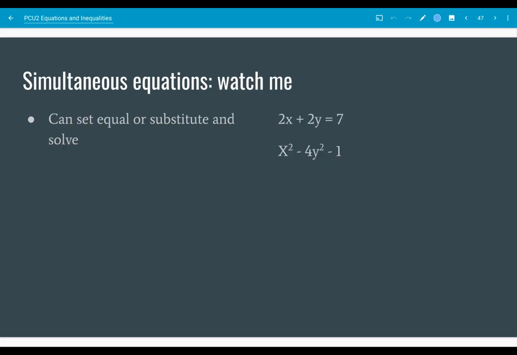So let's see what this looks like. We have 2x plus 2y equals 7. So we have this linear equation. And then we have x squared minus 4y squared equals 1. Sorry, that's a typo. And we want to figure out where they cross each other.